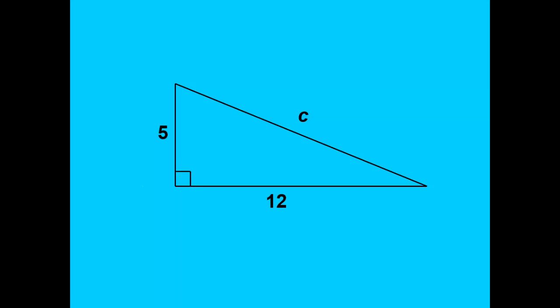But here we have 5 as a side and 12 as a side, and we do not know C. So 5 and 12, well, now that you already got the answer, we could do 5 squared plus 12 squared is equal to C squared. 5 squared was 25. 12 squared is 144.